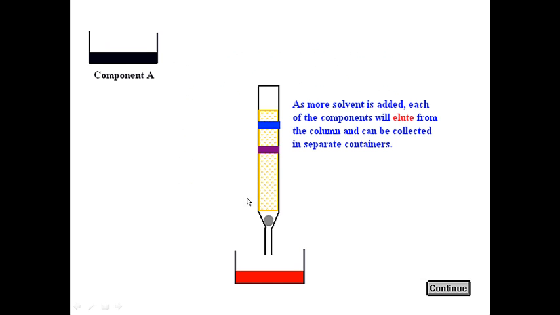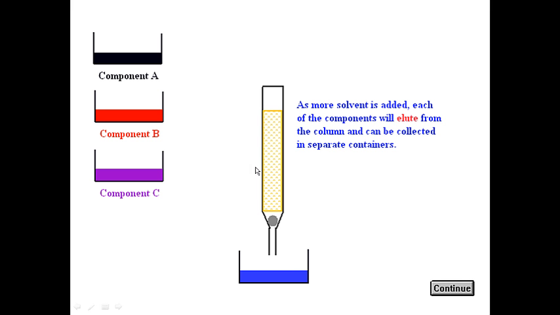So for instance, if component A comes off first, we'll collect it in one container, then compound B will come off, and then compound C, and then finally compound D. So if we do this right, if we choose the right solvent that separates the components, and we collect small what are called fractions, then we'll basically separate the components.